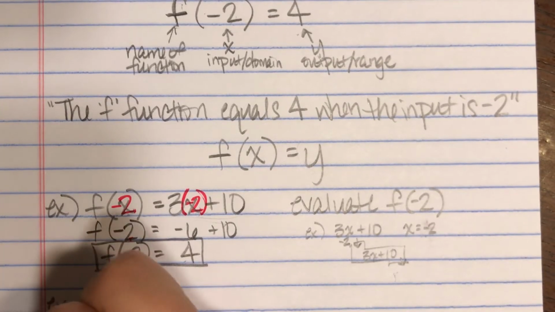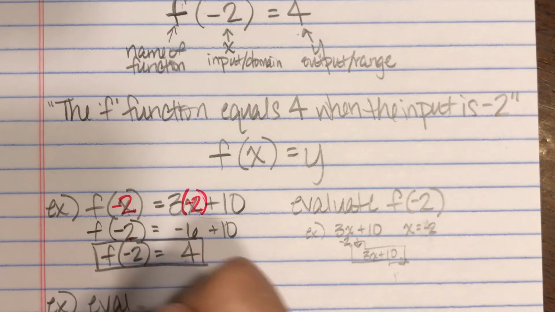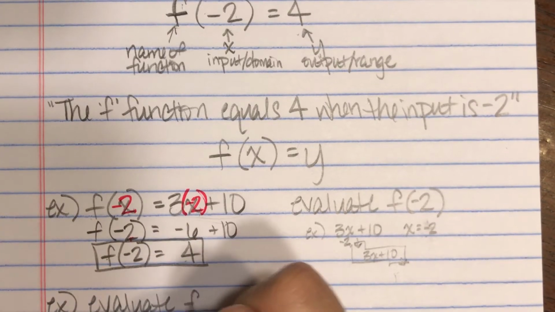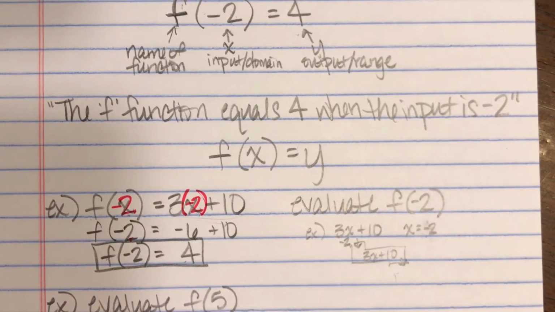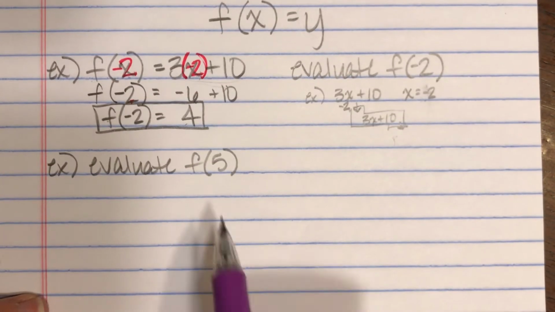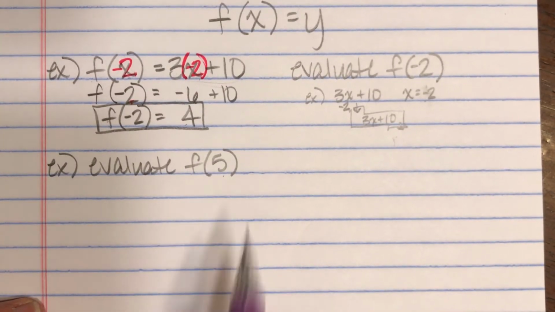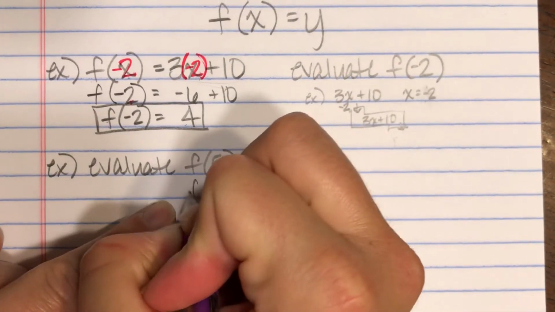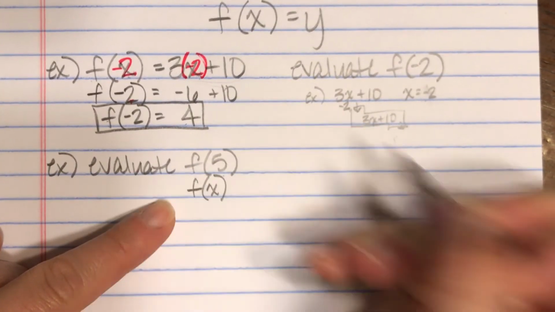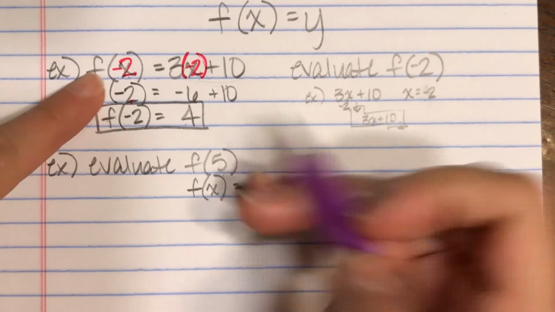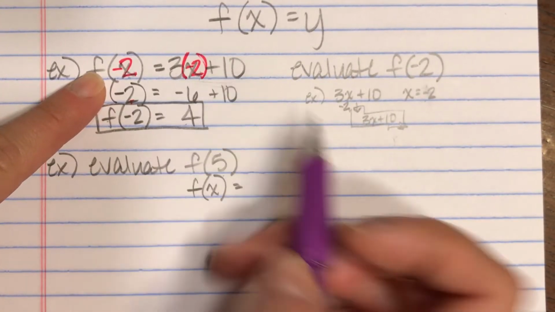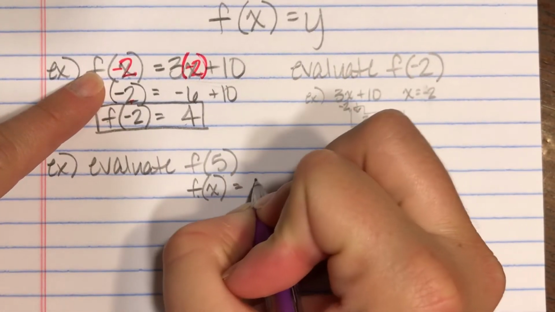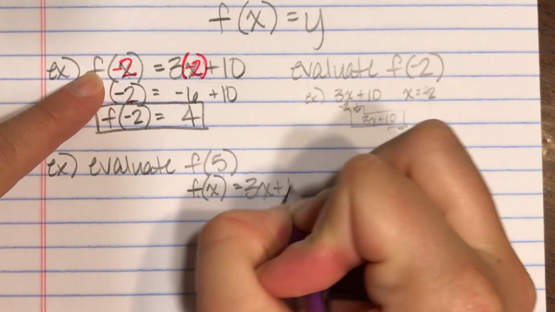So if I ask you now to evaluate f of 5, and by the way, that's how you read this, not f times 5, but f of 5. The fact that it's an f means I'm going to use my same f of x function. My f formula, right up here at the beginning, was 3x plus 10.